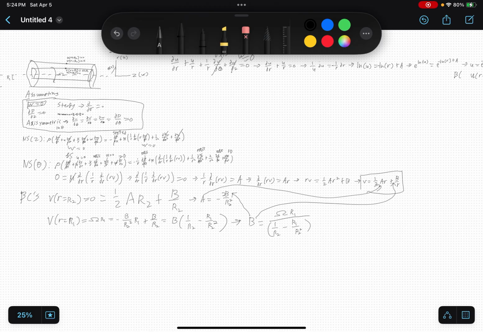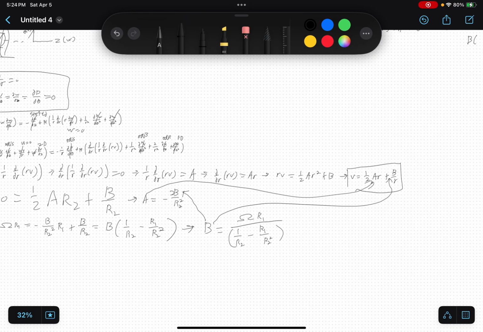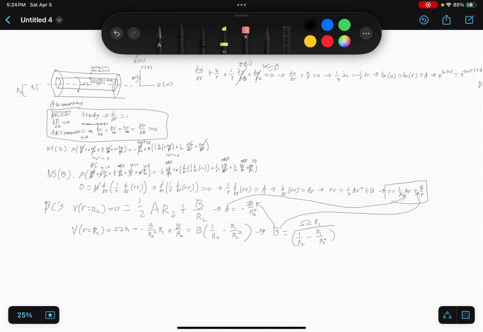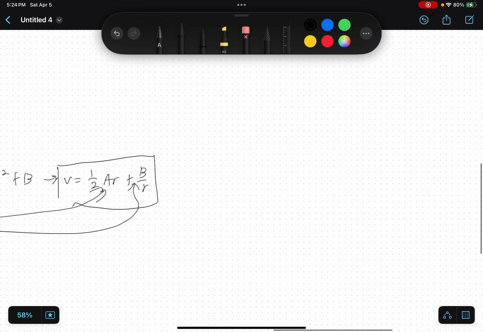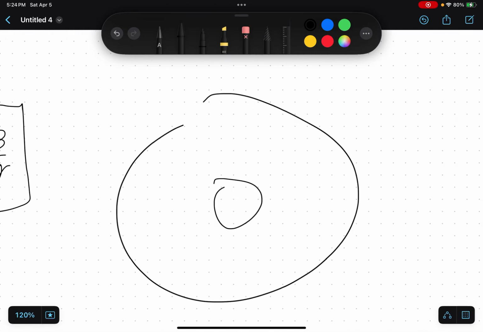I plotted it just to make sure it seemed reasonable, and it did seem reasonable-ish. If you look at the cross-section from the side, with this rotating like that, the profile was like that or something.